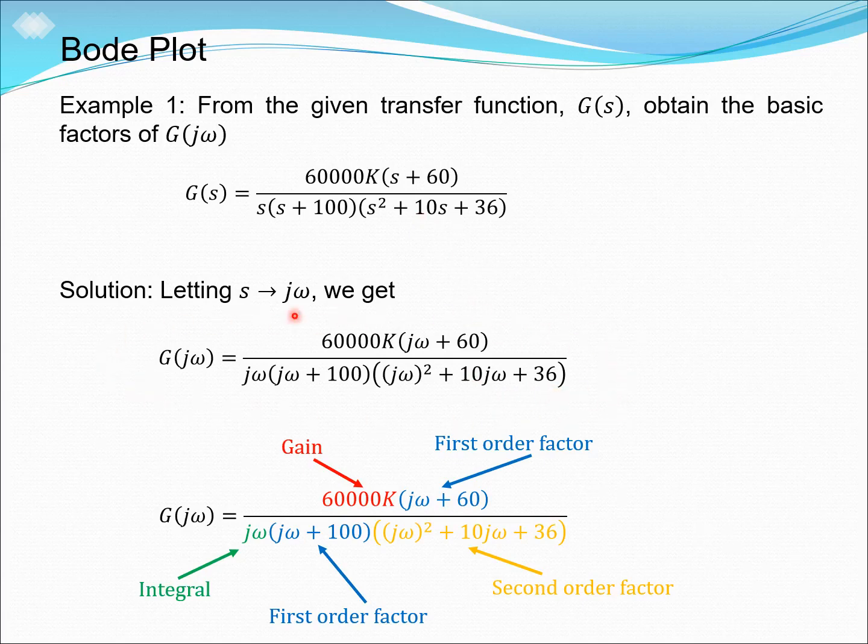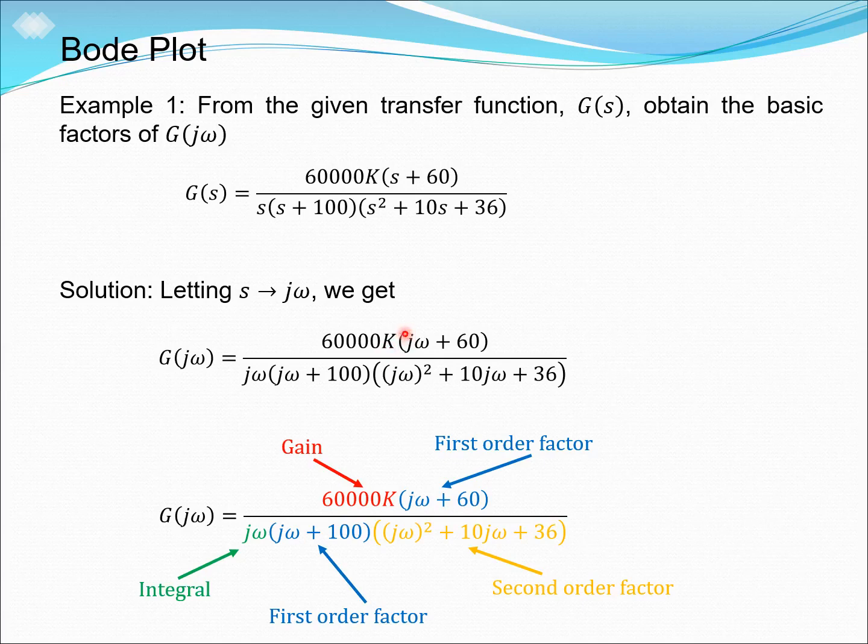So from this frequency response, we can identify which is our gain, which is our first order factor zero, which is our integral. We don't have a derivative over here.